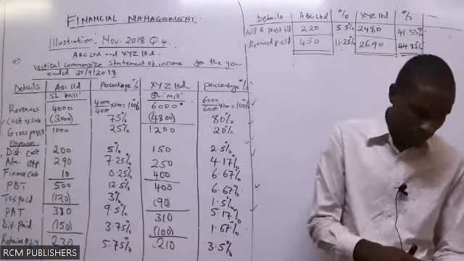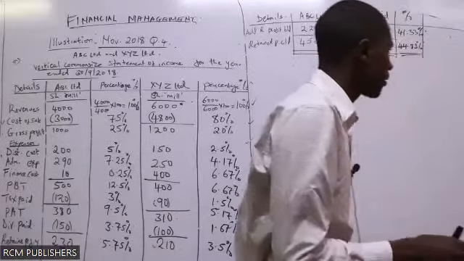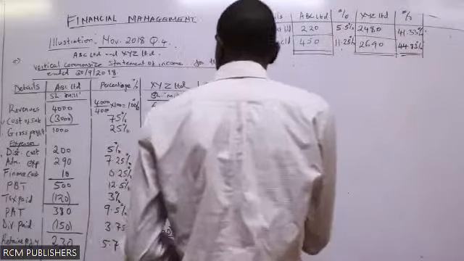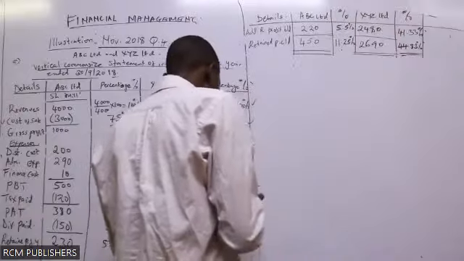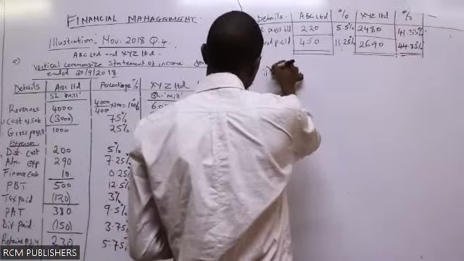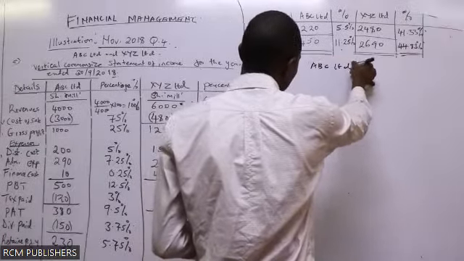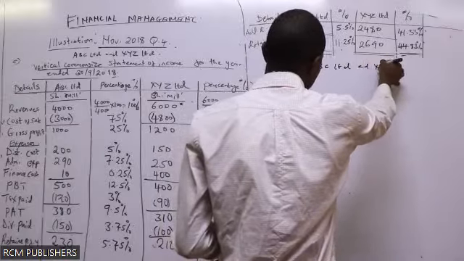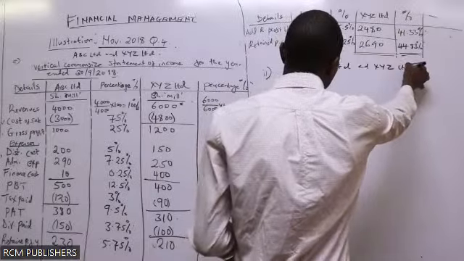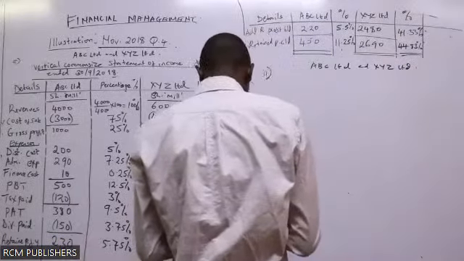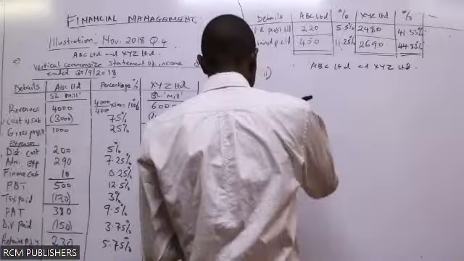All right. So class, that's all in regard to income statement. Now, when we come to Roman number two, this is ABC Limited and XYZ Limited. Of course, it is vertical common size statement of financial position.